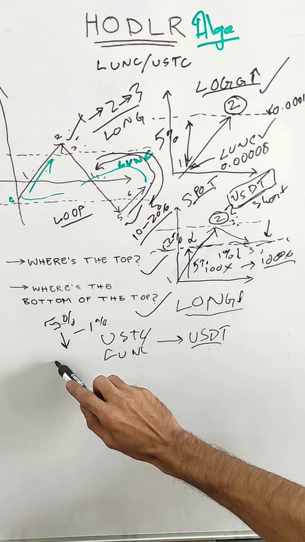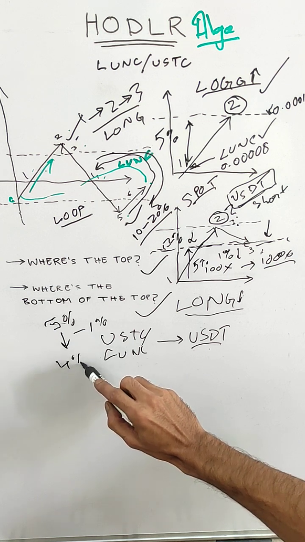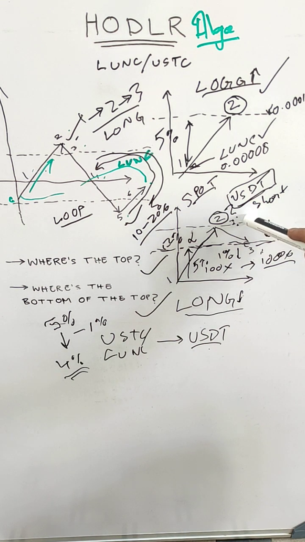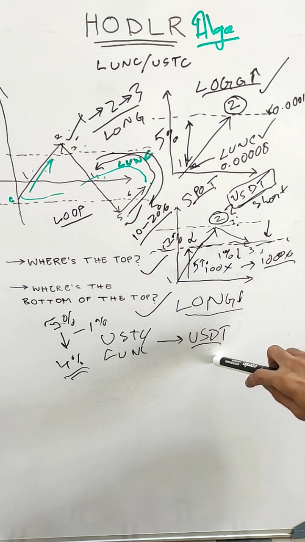So what would happen is that you actually kept back 4% profits. This is the logic of the system, how it is actually working. So you keep observing where the top is, and then when you see that there is a bottom of the top, you actually swap to USDT.